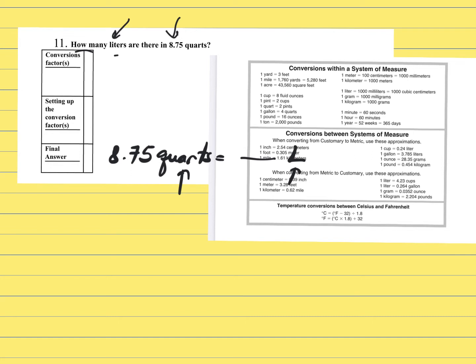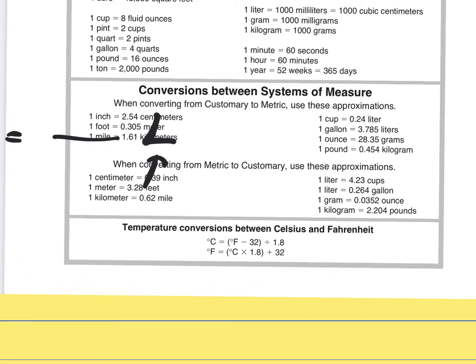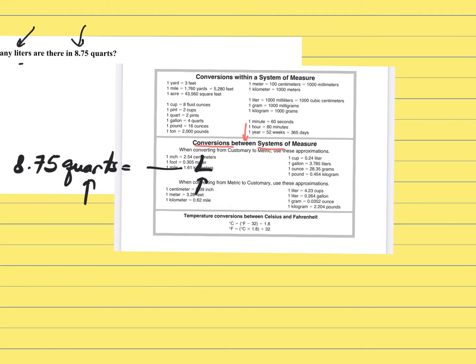So if that's your first step, find the conversion factor. Where are you going to find the conversion factor? In the reference sheet. According to you, we were converting between systems. When I was analyzing my problem, I was going from the customary system to the metric system.